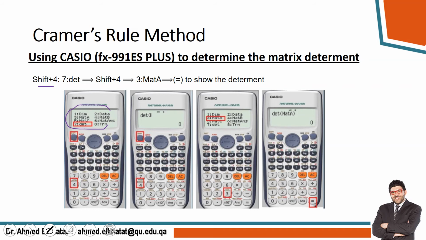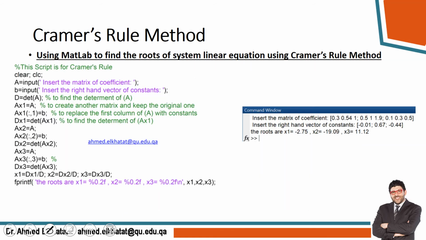the screen will appear, because here you want the determinant of which matrix. You already saved matrix A. So press shift and 4, and then go to 3, select the matrix you already put the data in, and then equal, so it will be Mat A, and then equal, and it will show you the result.